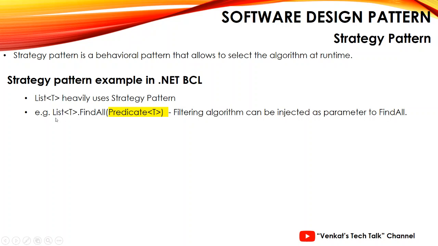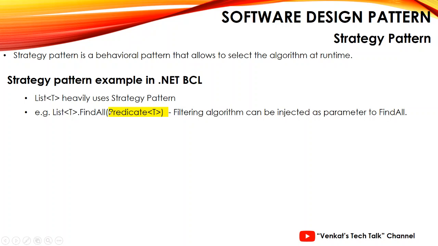For example, with a list object you can call FindAll and pass an expression for what you want to find. Assume this list has integer items, and I want to find all the odd numbers. Here I can pass the expression to filter them.